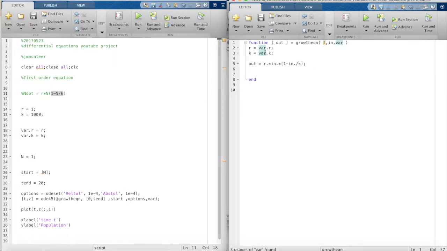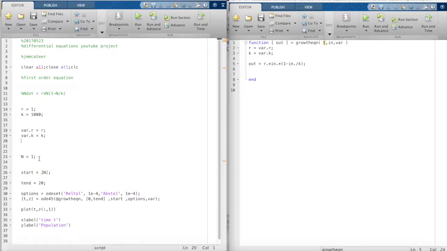So here we've got a very simple equation, just the equation we've written here, where out is the first derivative and in is the values n. We've just written the equation out here, and as you see, it's very simple.